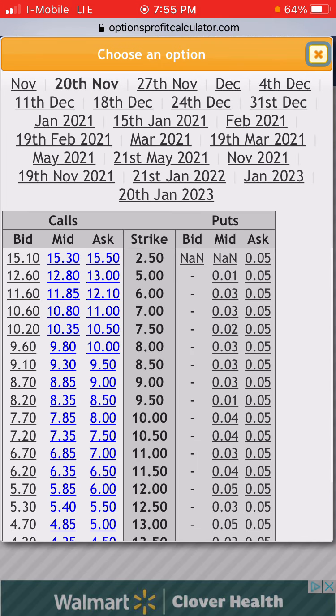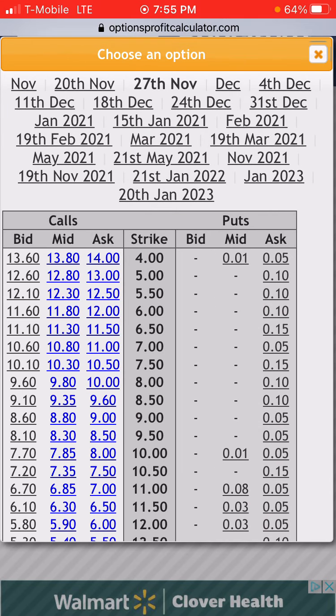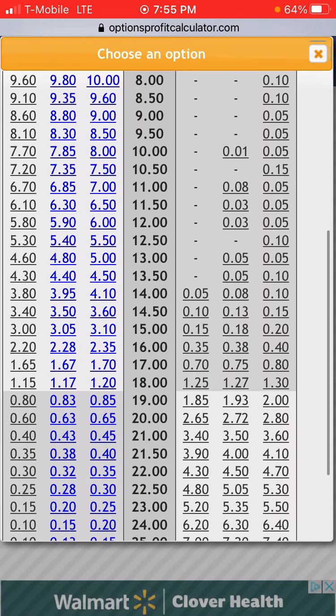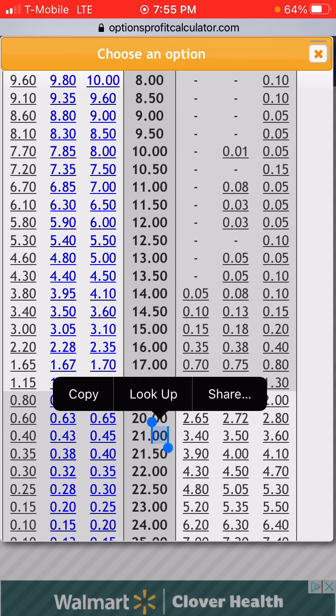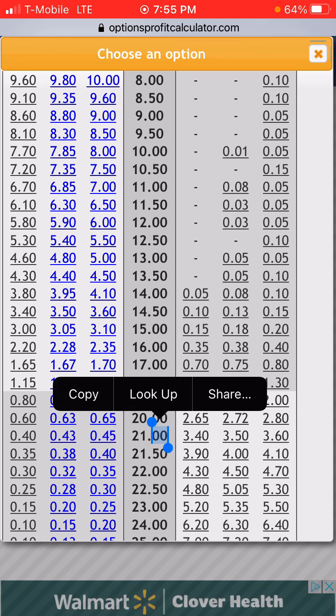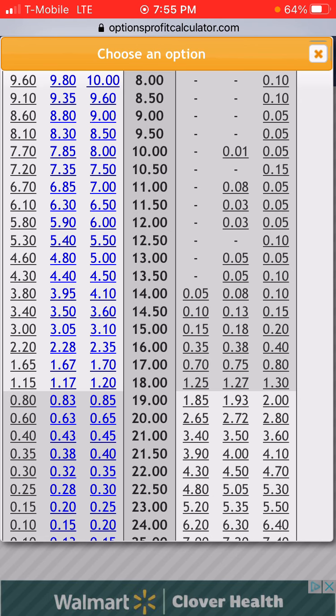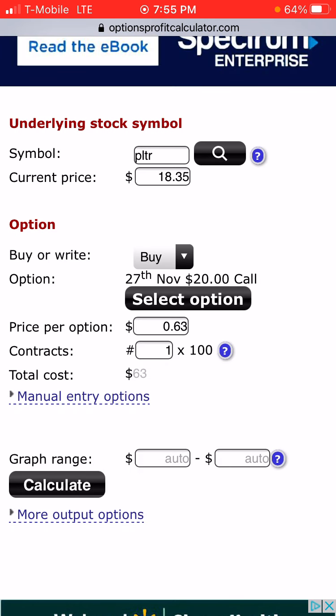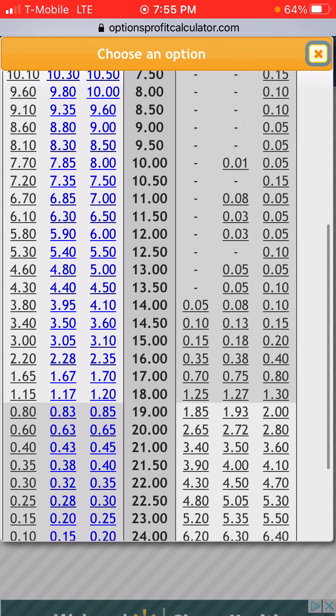So you're going to have to select the option. I'm going to go to November 27th. And then we're going to scroll down to the $19 call in the middle. You see this right? Nope. Sorry, my bad. This one right here, the $19 call. No, I put 20, my bad. I meant to say $19 call.